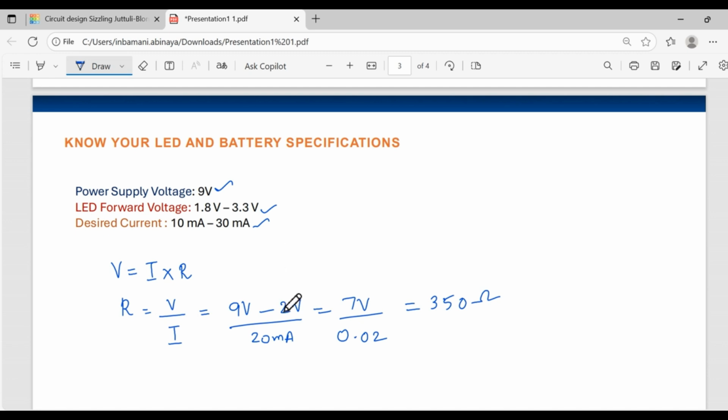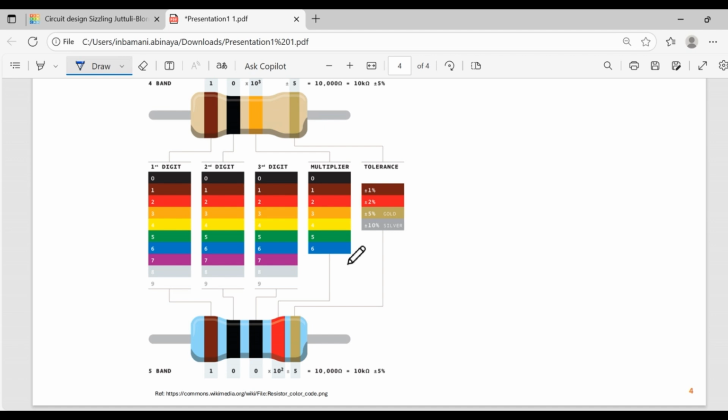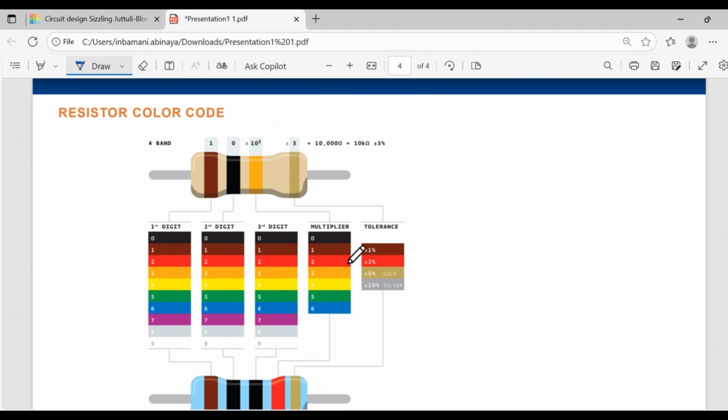Every resistor has a set of color bands like this that tells us its value. So these colors represent the numbers, the multipliers, and the tolerance range. Let's take a closer look at it. Imagine we have a 4-band resistor.